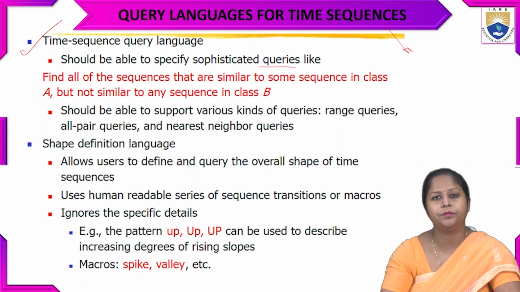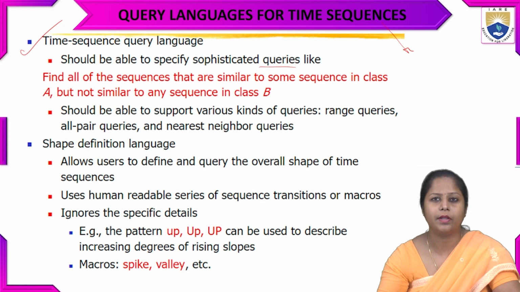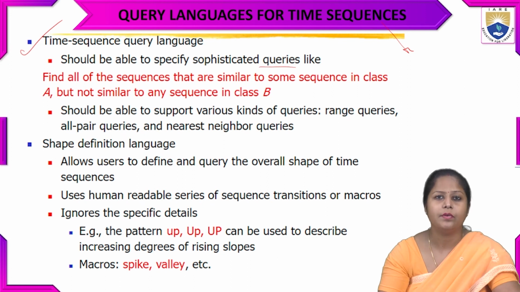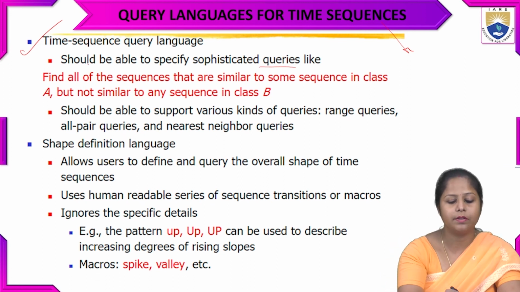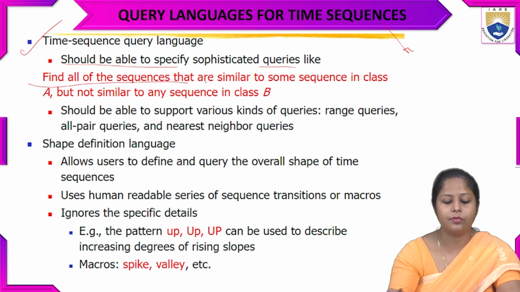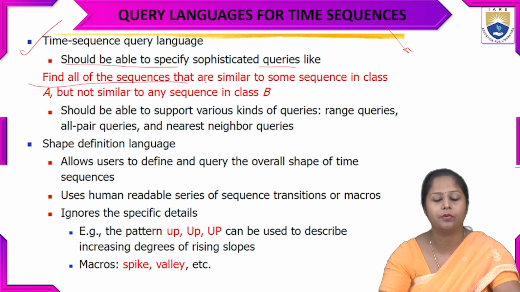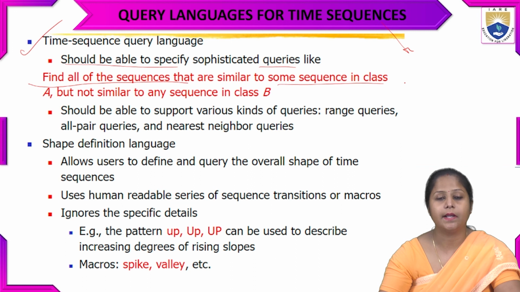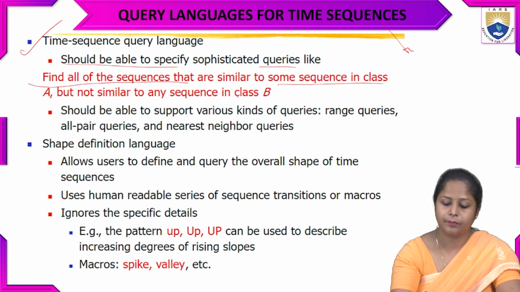Here, for time series data and data mining, while we are doing the time series analysis, we need to write the time series query language. While writing that, we should be able to specify sophisticated queries. That is, we need to find all sequences that are similar to some sequence in class A, but not similar to any sequence in class B, right?